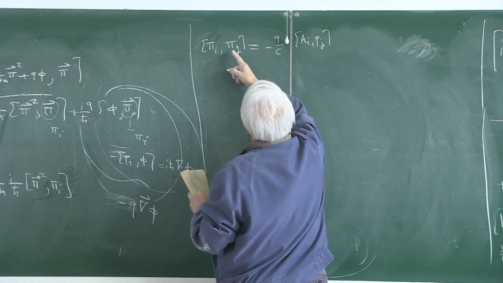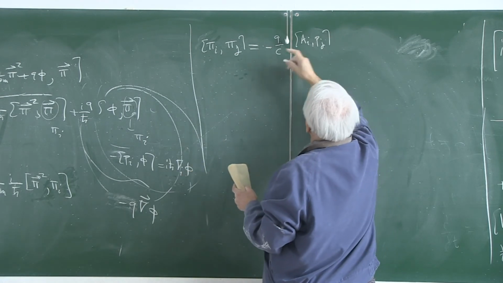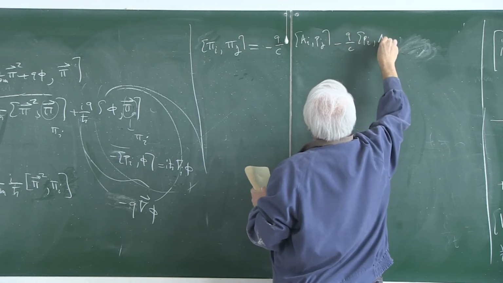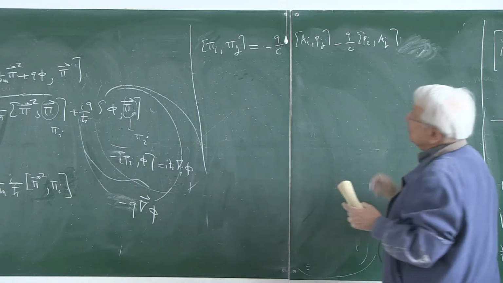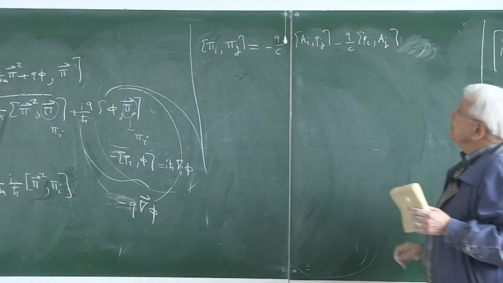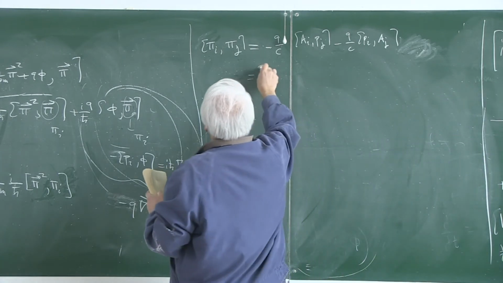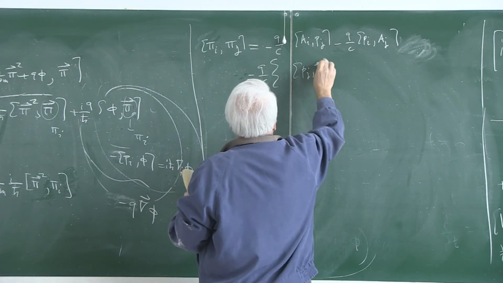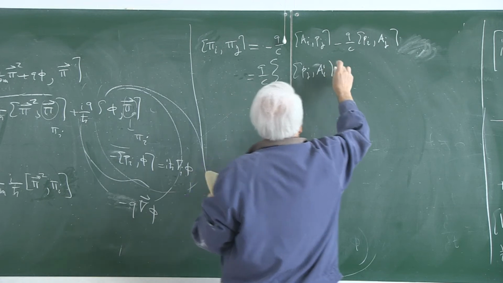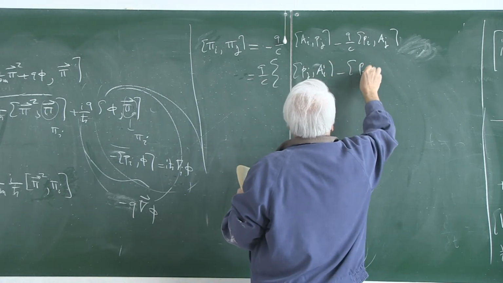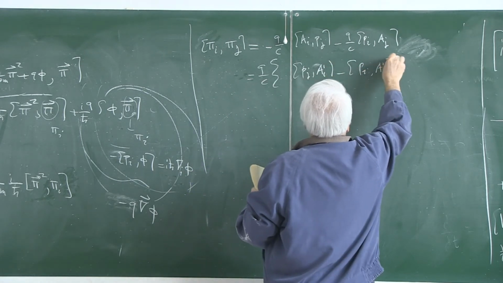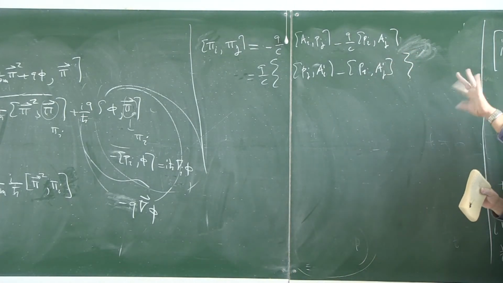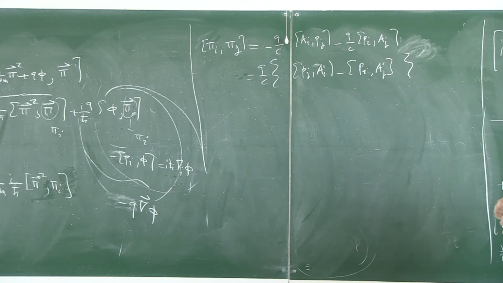The second cross term is minus q over c [p_i, A_j]. Or q over c, [p_j, A_i] minus [p_i, A_j], reversing the sign using the anti-symmetric property of the commutator.